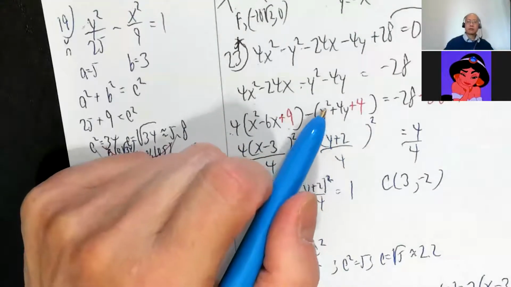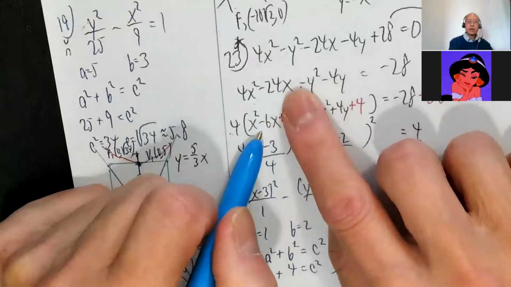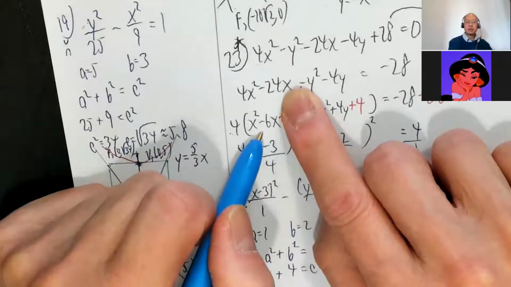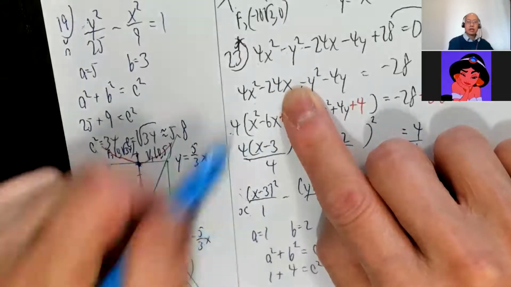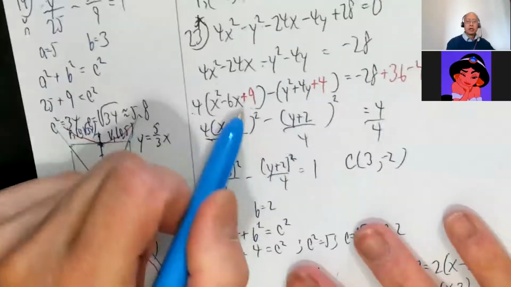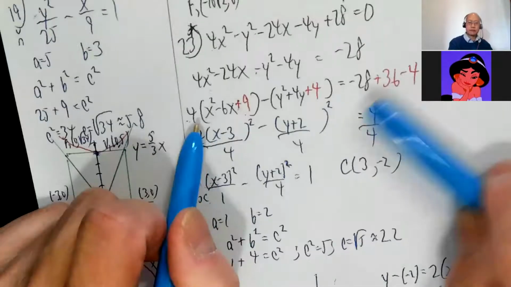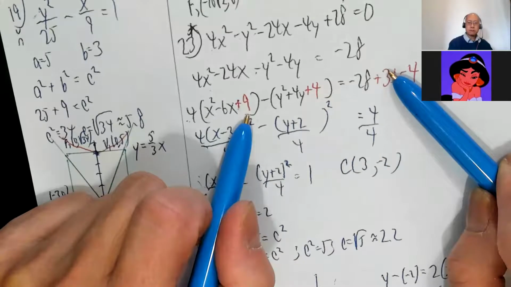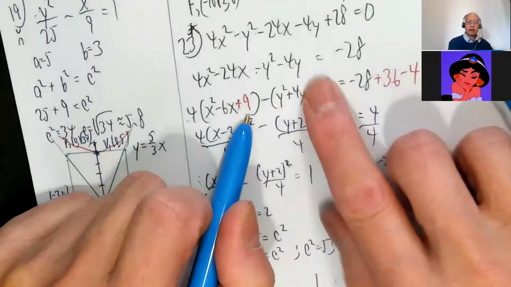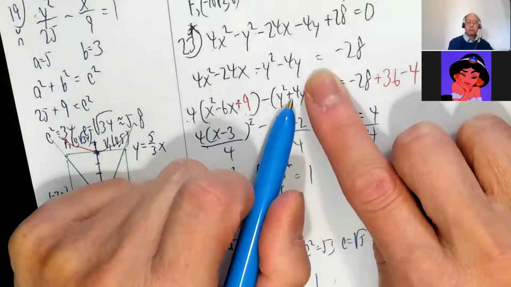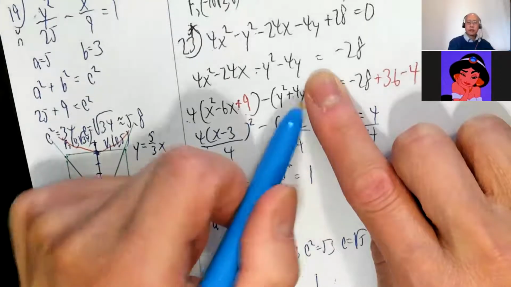Now I complete the square. Half the coefficient of x. Half of negative 6, negative 3. Negative 3 squared is 9. So plus 9, but by putting plus 9, I'm really adding 36 because it's 4 times 9. Same thing over here. Half of 4 is 2. 2 squared is 4.